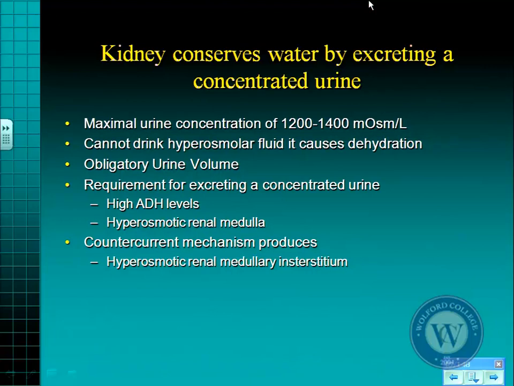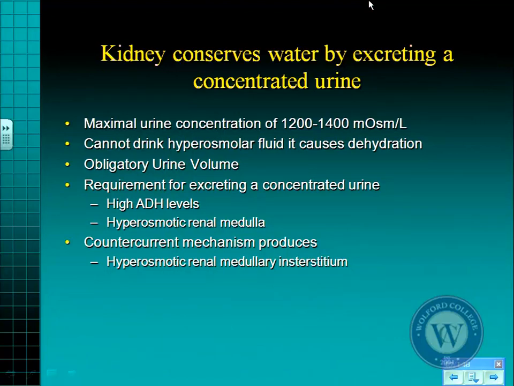Requirements for excreting a concentrated urine are high ADH levels and a hyperosmotic renal medulla. In other words, you cannot form a concentrated urine if you've given that person loop diuretics, because loop diuretics poison the bucket. You can't concentrate the urine.